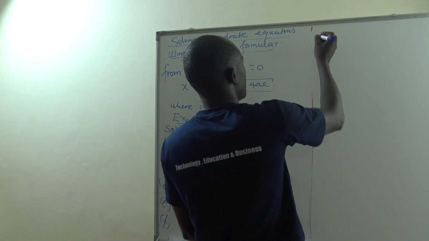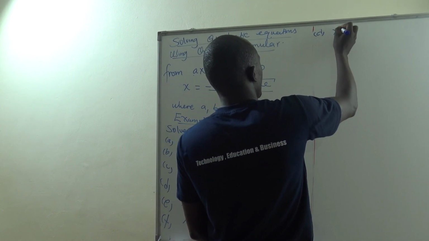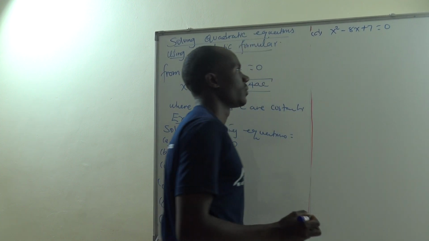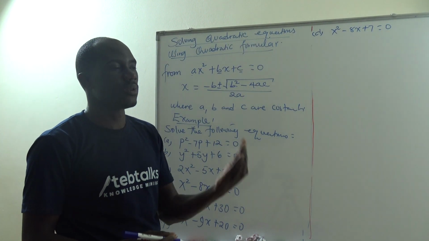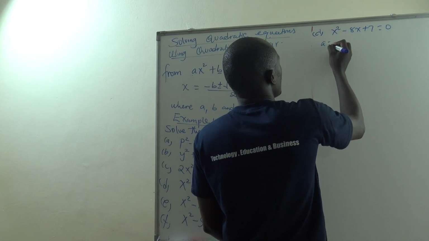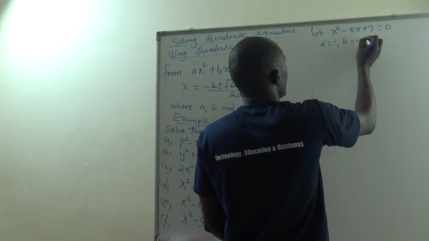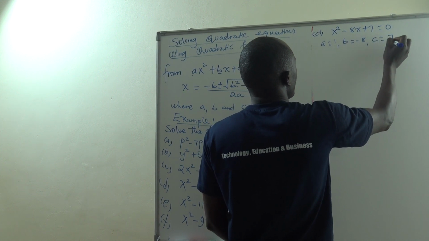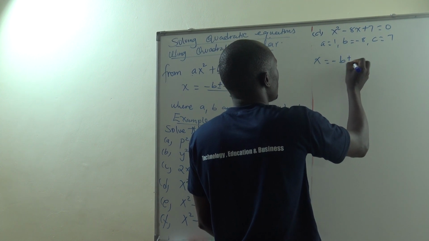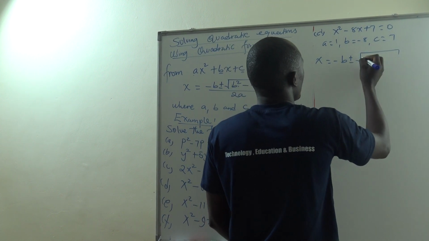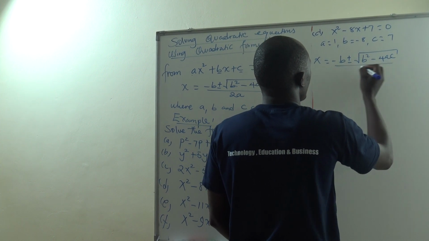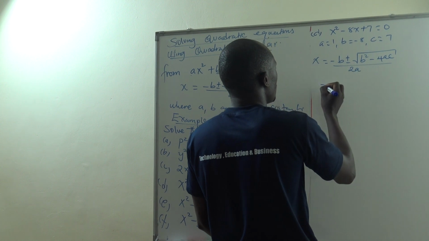Part D goes x squared minus 8x plus 7 equals 0. Comparing with ax squared plus bx plus c equals 0, a is 1, our b is -8, and our c equals 7. So using x equals -b plus or minus root of b squared minus 4ac, all over 2a, what does it become?